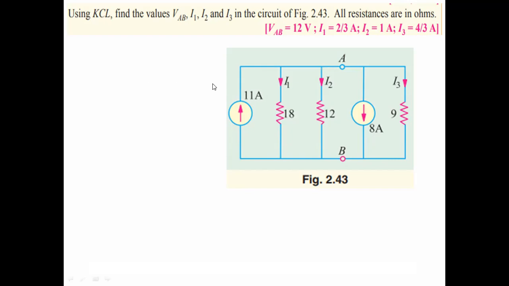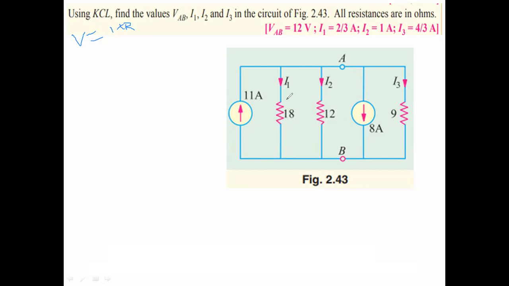So how can we find it? V is equal to I into R. Here, these three resistors are in parallel.